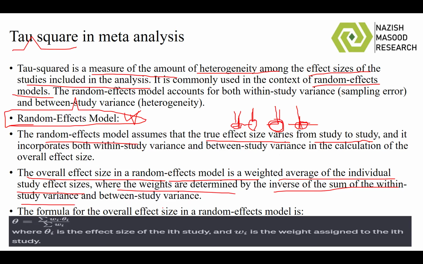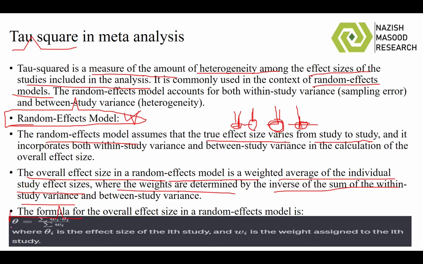Why? Because as you increase the variance, the sample size decreases. Now, we want to give more weightage to primary studies that have higher sample size in the meta-analysis. Therefore, we take the inverse of variance. We don't take variance. So we take sort of like the opposite of variance, to put it simply.